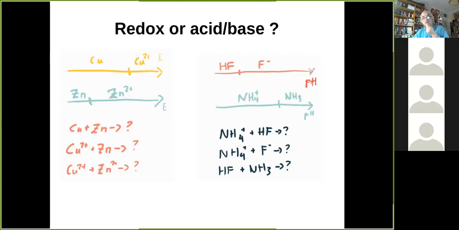High values to the right and low values to the left. So in that respect, both of them are similar. To make them even more similar, we can put a P in front of the E. The only thing that will change then is the values occurring on the number line here.